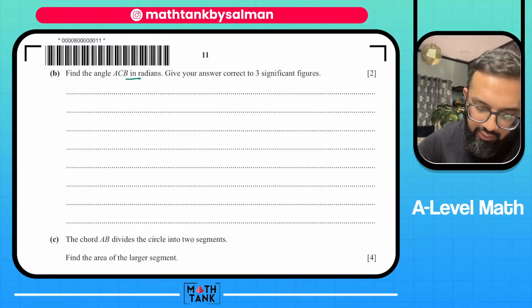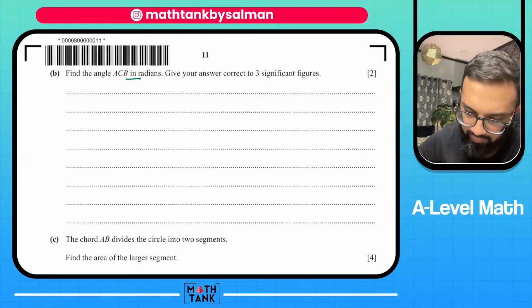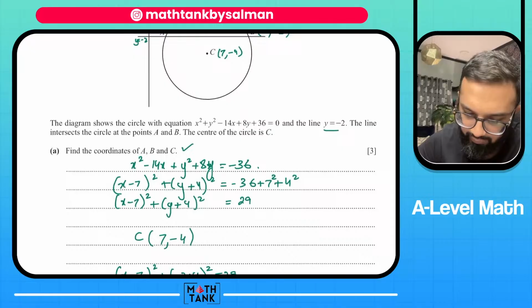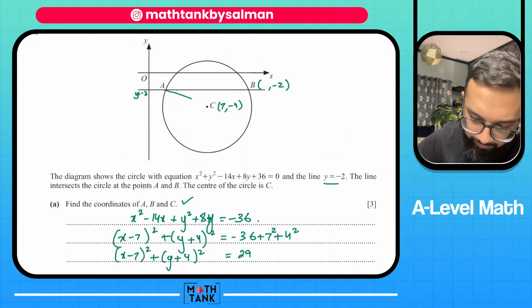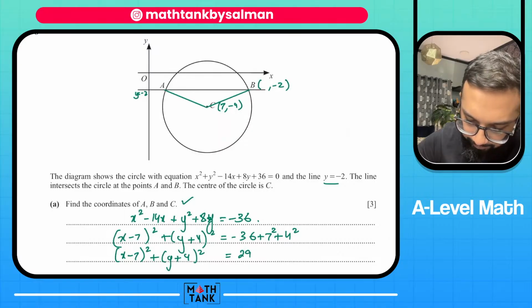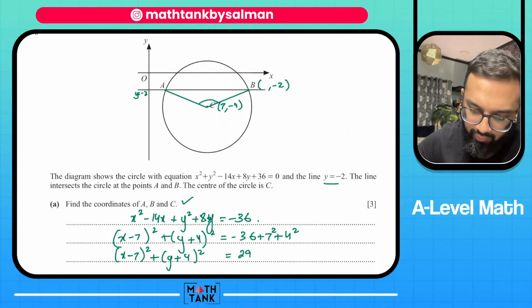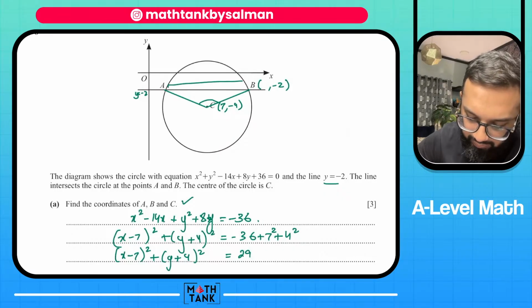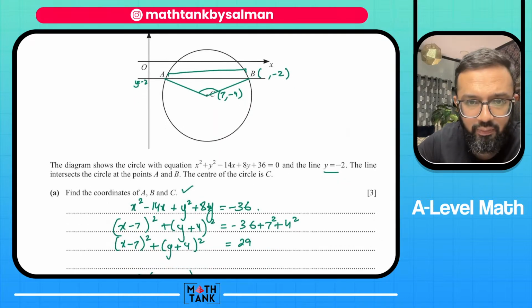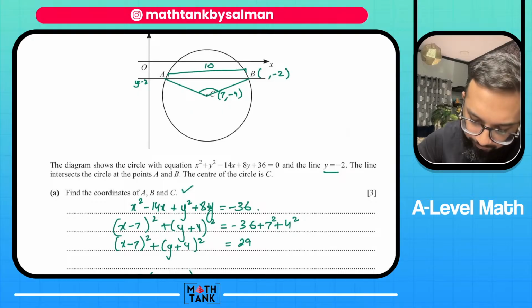Okay, find the angle ACB in radians, giving your answer correct to 3 significant figures. ACB. Okay, so this distance between 2 and 12 is 10 units, so half of it is 5. And this distance, since it's from minus 4 to minus 2, should be 2.